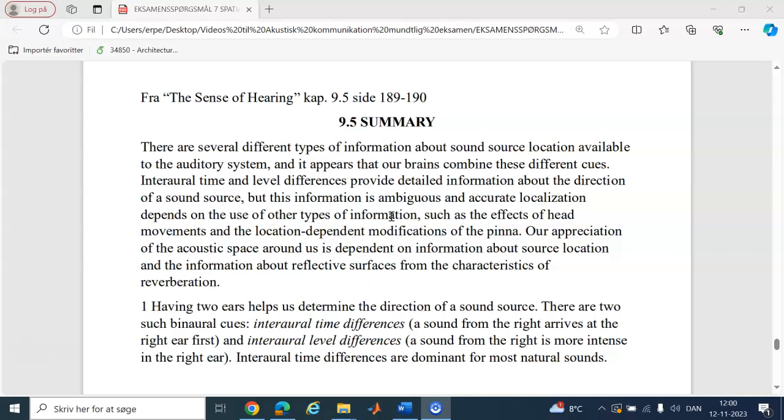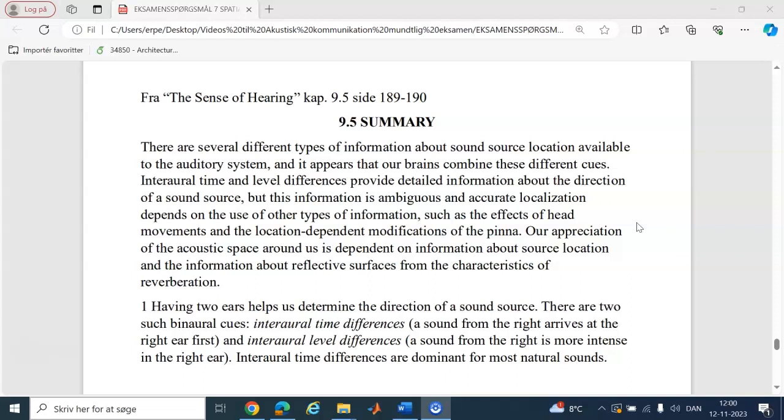Interaural time and level differences provide detailed information about the direction of a sound source, but this information is ambiguous and accurate localization depends on the use of other types of information, such as the effects of head movements and the localization-dependent modifications of the pinna.